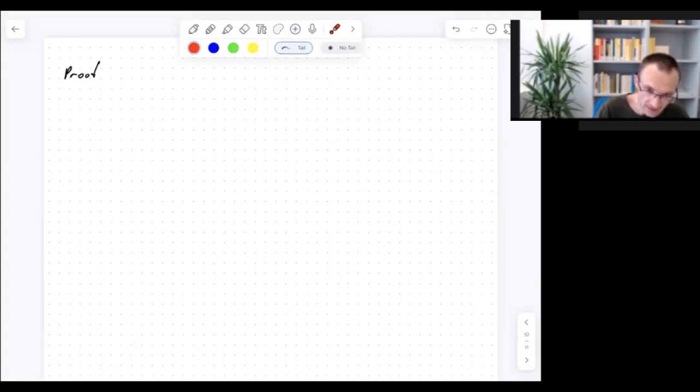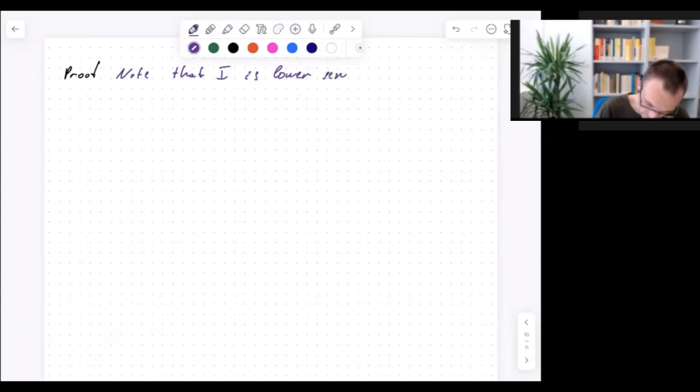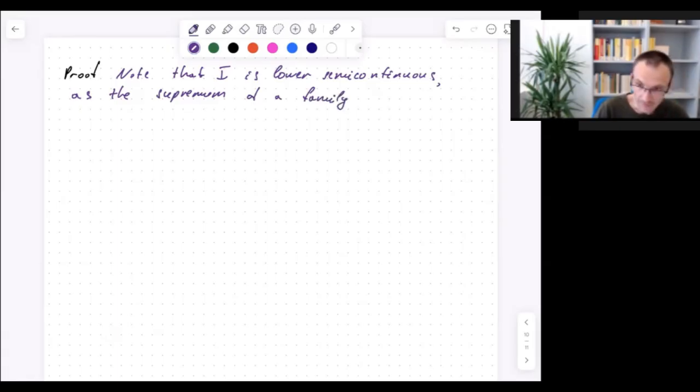Therefore, let's write that note that I is lower semi-continuous, as the supremum over a family of continuous functions.